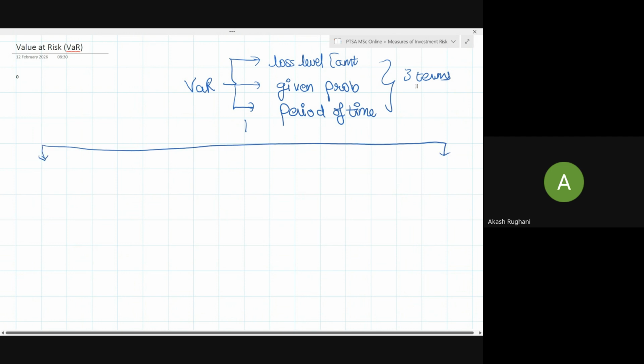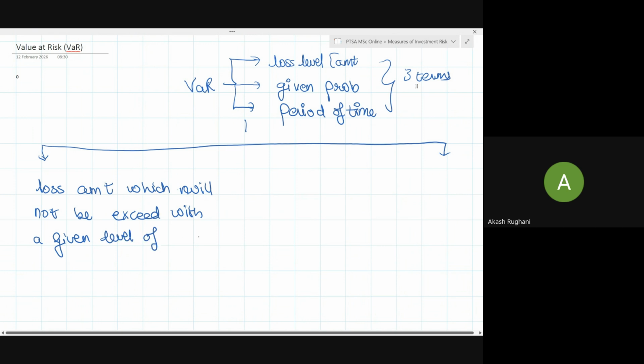First, VAR is the loss amount which will not be exceeded with a given level of confidence over a period of time.